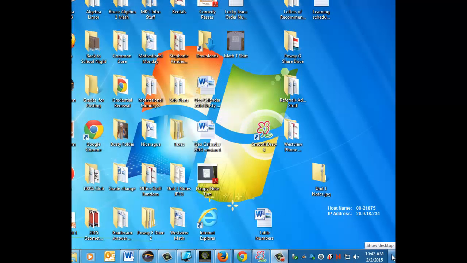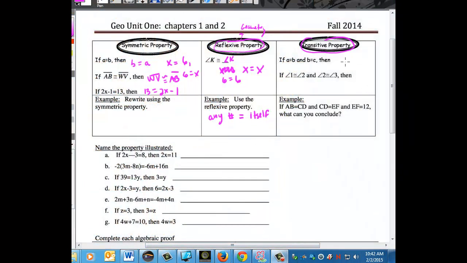The next property is the transitive property. And we use this property a lot in geometry proofs as well. To start this off, when we think of football, and we were to say that San Diego Chargers beat Seattle, which we did, I think it was in week 3 this year.